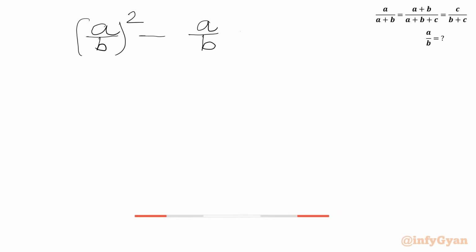So we'll write here a over b whole square minus a over b minus 1 equal to 0. So this is a quadratic in a over b.